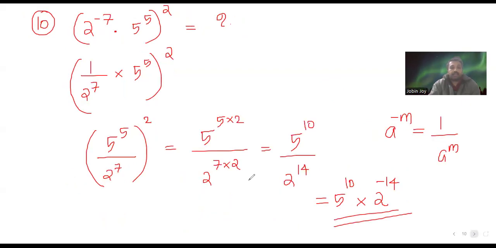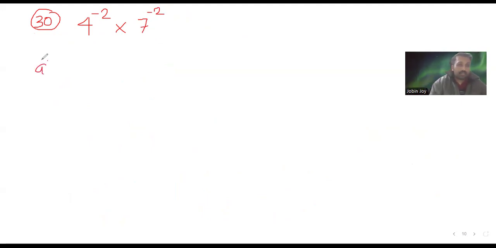Then question number 30. Which expressions are equivalent to 4 raised to minus 2 into 7 raised to minus 2? Okay, we have 4 options. One option is 4 into 7, the whole raised to minus 4.